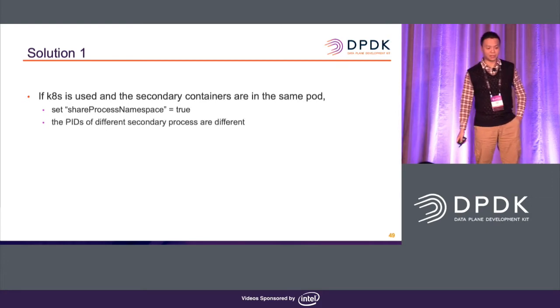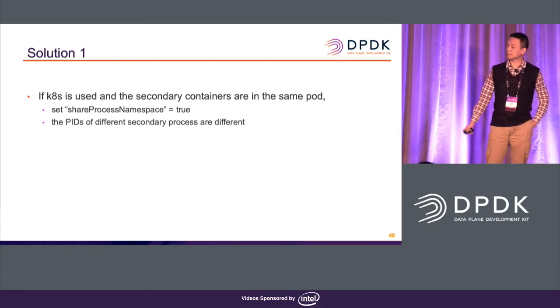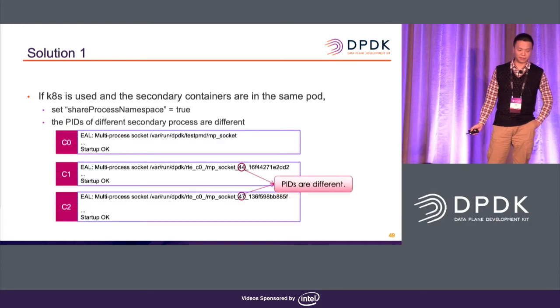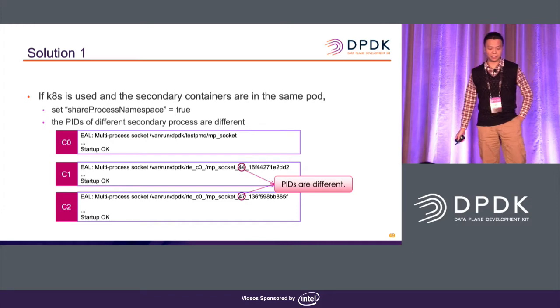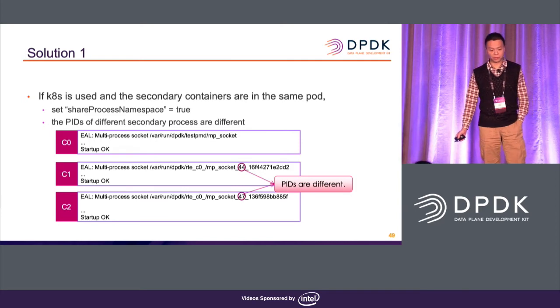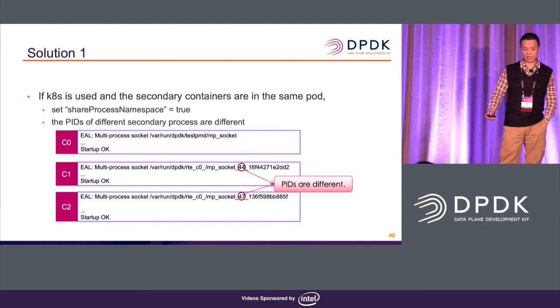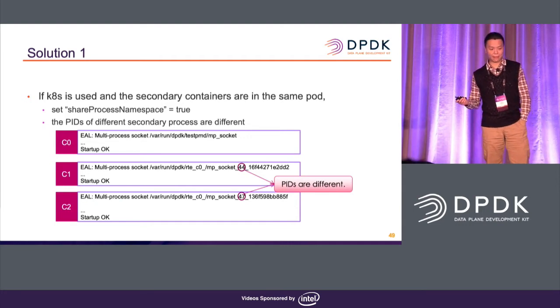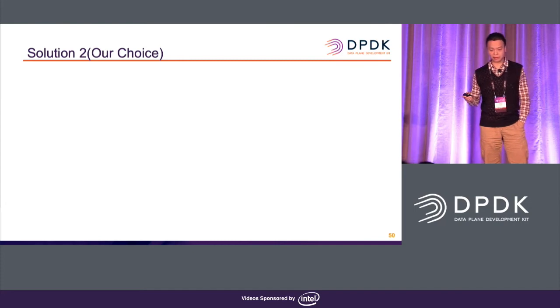Then the PIDs of different secondary processes will be different. In C1, the process ID is 44, and in C2, the process ID is 47. They are different.